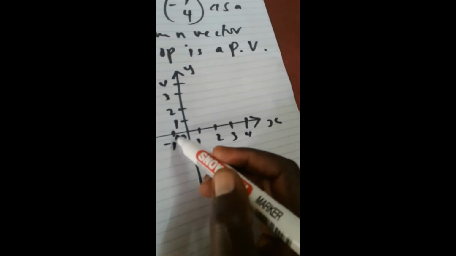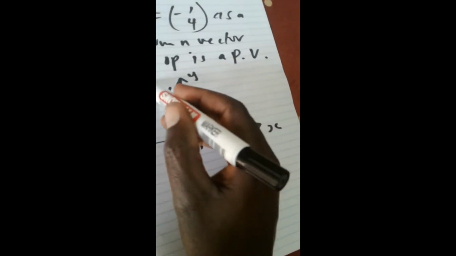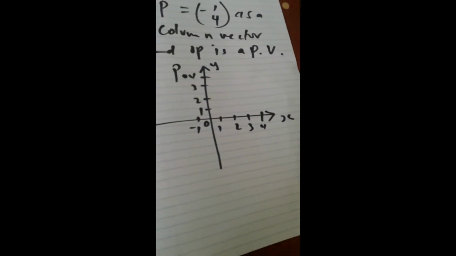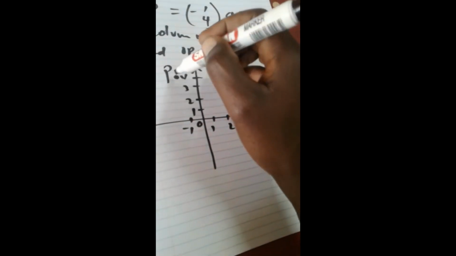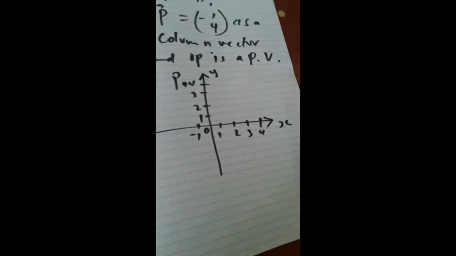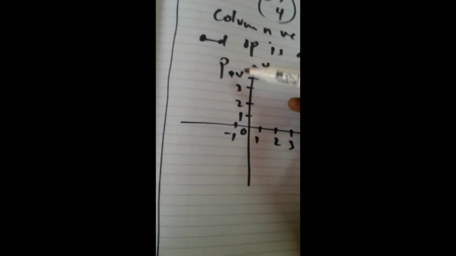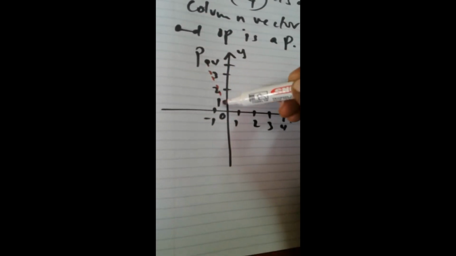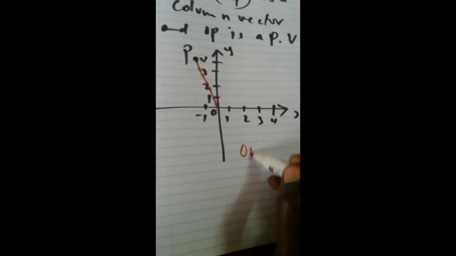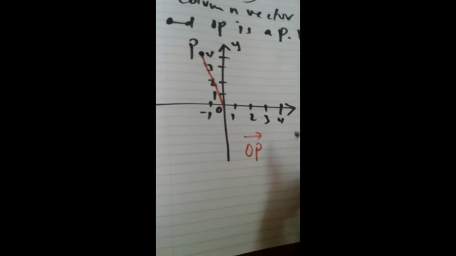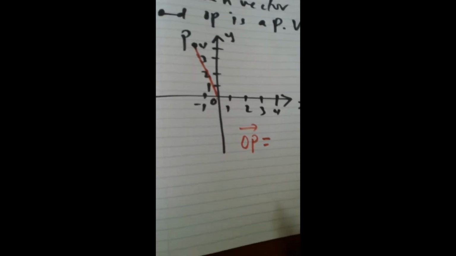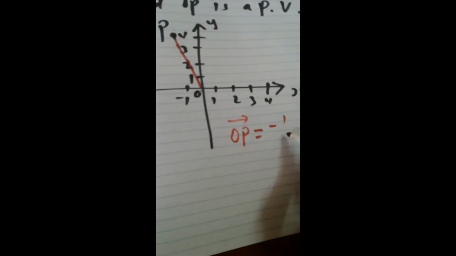Point P is (-1, 4), so this is point P, meaning that OP is a displacement of point P away from the origin, and therefore we have OP from here to here. That is the position vector of P given as OP, and if we represent that one in vector form, then OP must be (-1, 4) in column form.